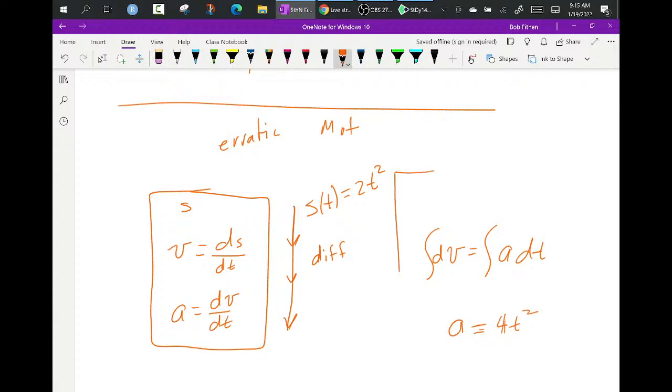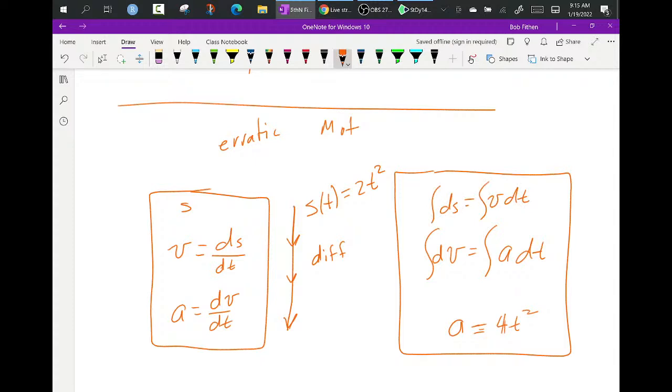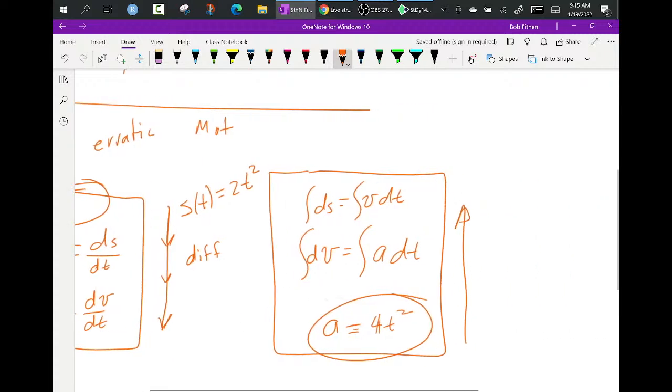I'll just put a box around this. So in this case I was given this, in this case I was given this. This case I move down, this case I move up. If I'm going up, I take integration.